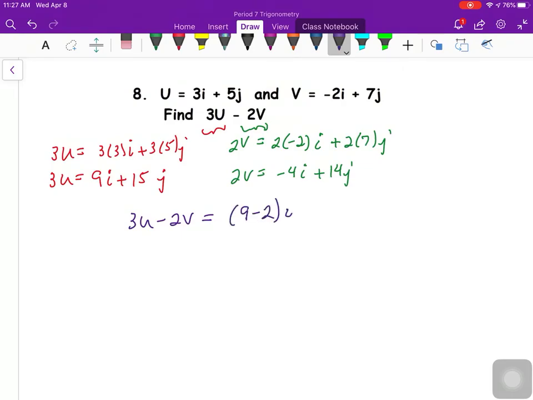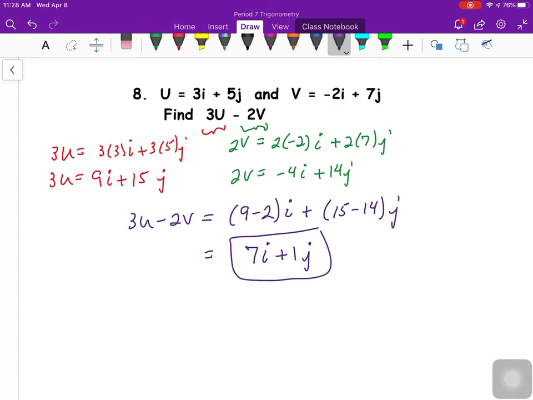And then finally, 3u minus 2v would be 9 minus 2 for the i, plus 15 minus 14 for the j.